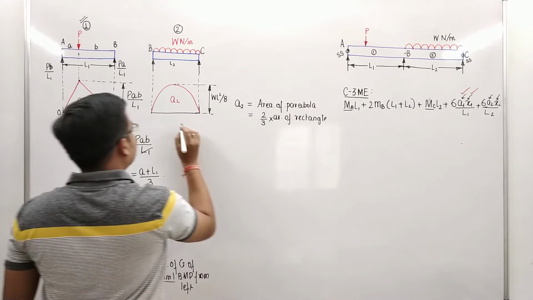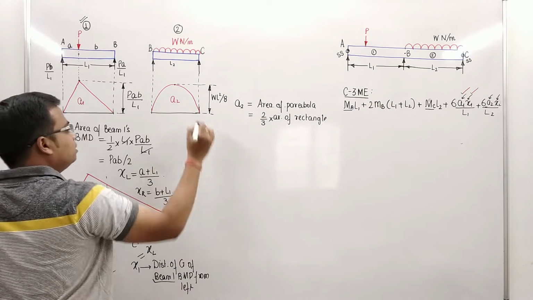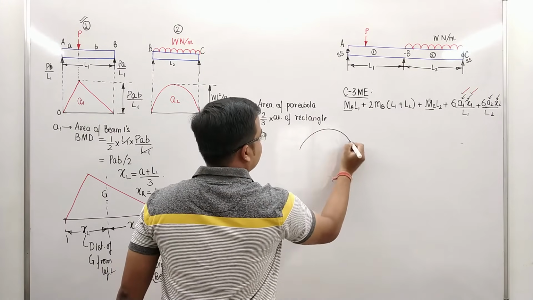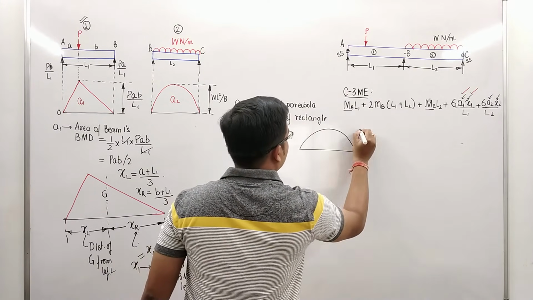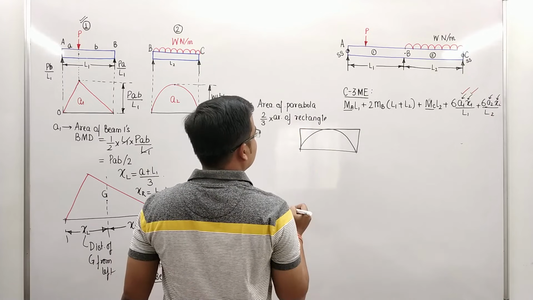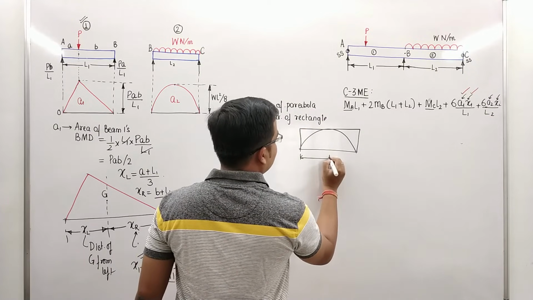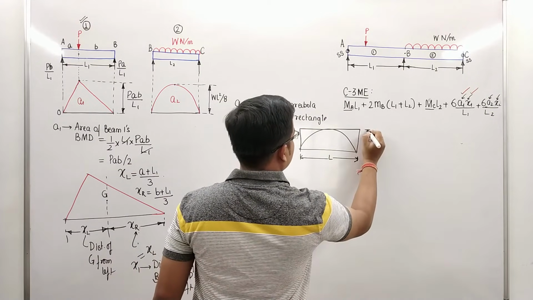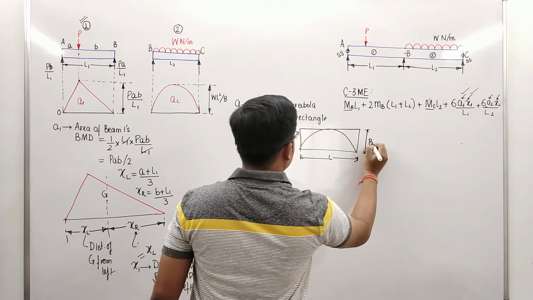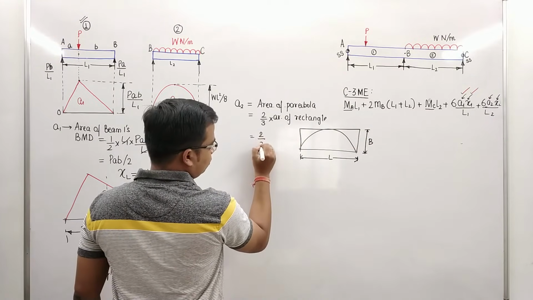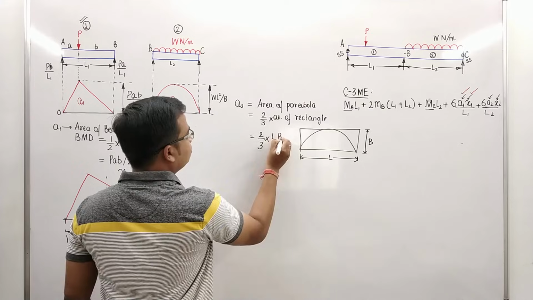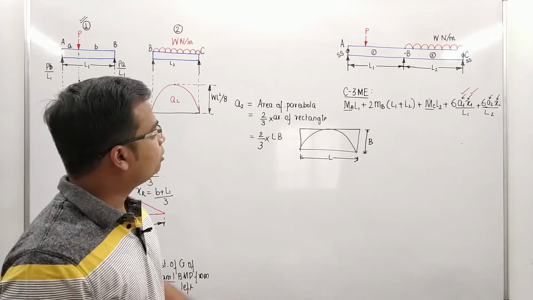If you watch carefully, this parabola can be assumed to be inside a rectangle, something like this. So let's say this is L and this is B. So this is equal to 2 by 3 times L into B. Simply, this is the way in which you need to calculate the area.